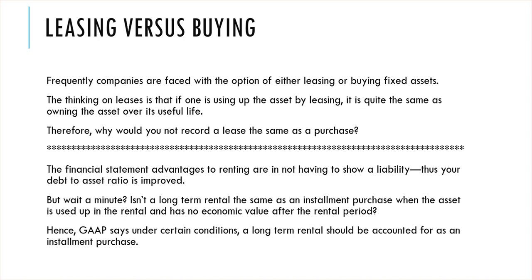However, if you're buying something, you would create a liability. You would show it as debt. So companies were trying to get away without showing liabilities by renting, but they were renting things for such a long period of time that really the substance of the thing was just like they were buying it.